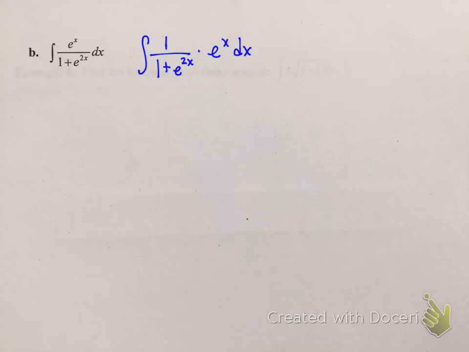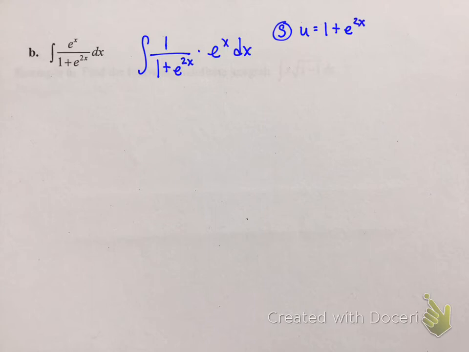Now let's figure out what I let u equal. I have a couple of choices here. Let's try u equals 1 plus e to the 2x, and see if this works or not.